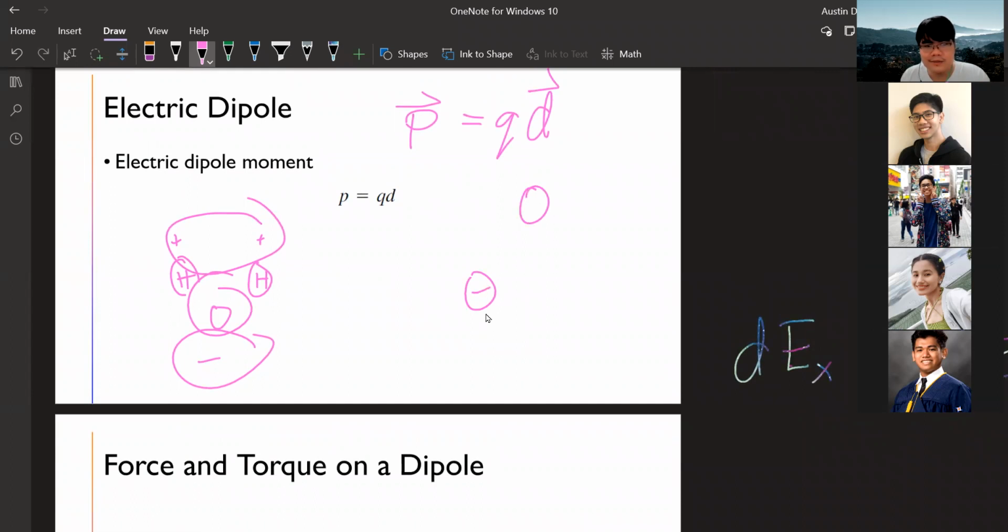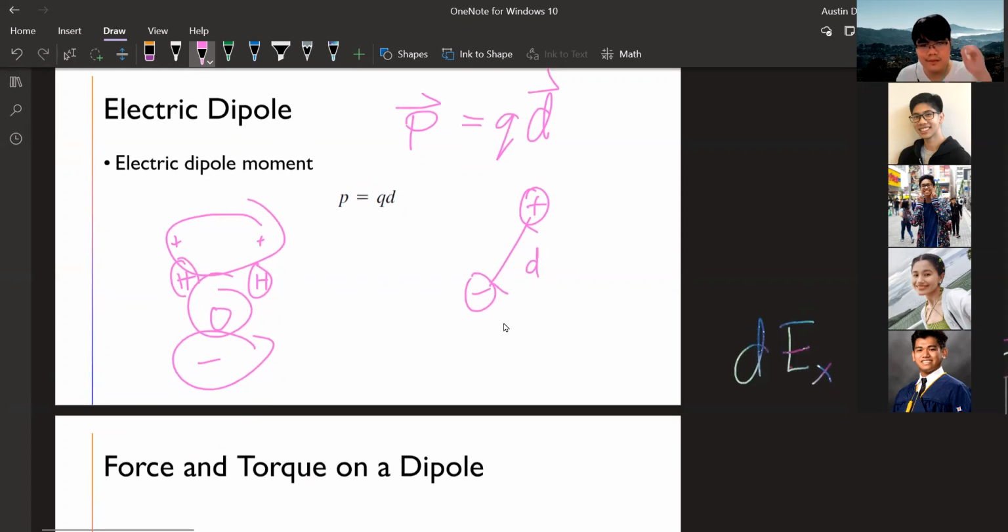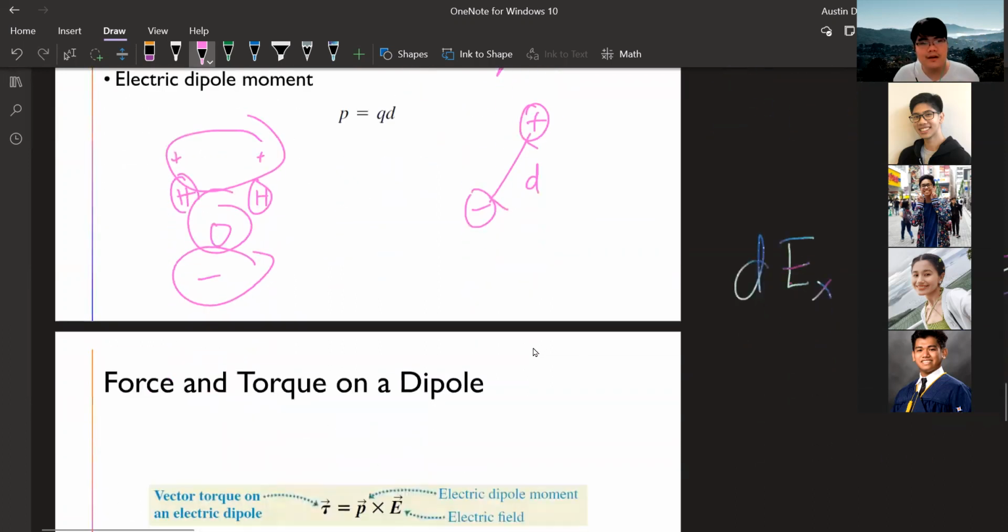Opposing charges. So, kasi hindi naman pwedeng plus-plus kasi hindi naman siya magiging dipole, di ba? Kasi kailangan two poles. Two distinct poles. So, if you have a distance d that separates two charges, plus and minus, then you have a dipole. Okay.